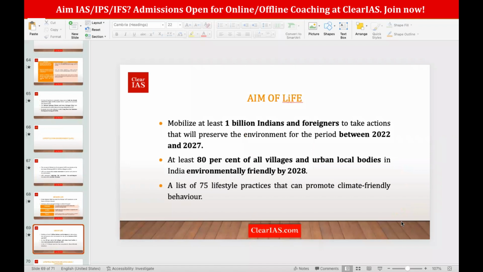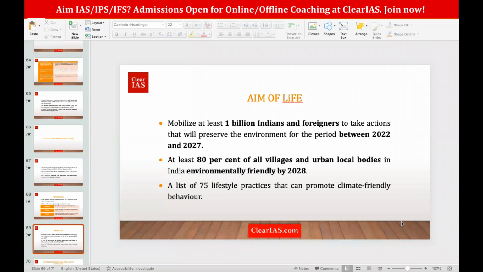Then we also spoke about the major aims of the LiFE mission, that is 1 billion Indians and foreigners who would take action to preserve the environment during the time span of 2022 to 2027. And India says to the world that we will make at least 80% of our villages and urban local bodies environment friendly by 2028.